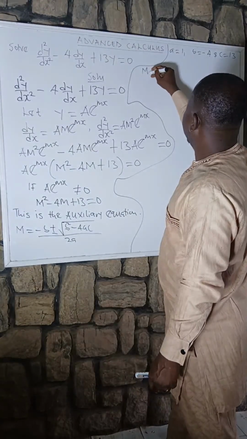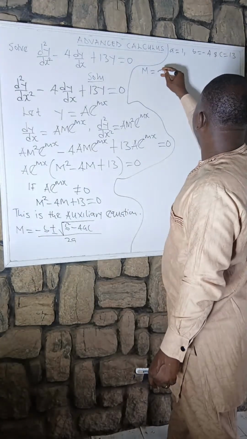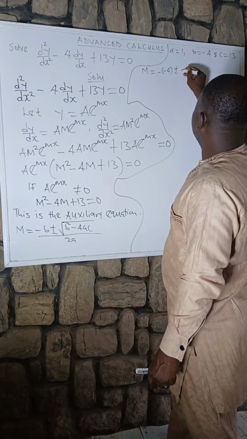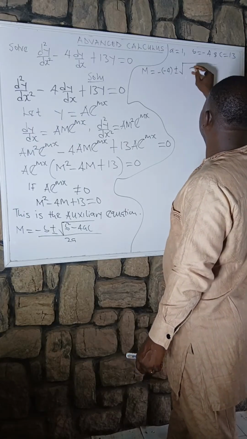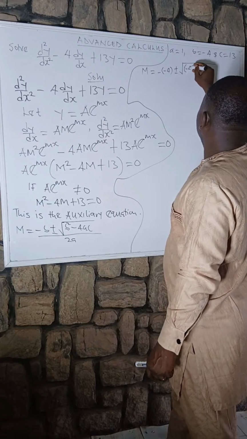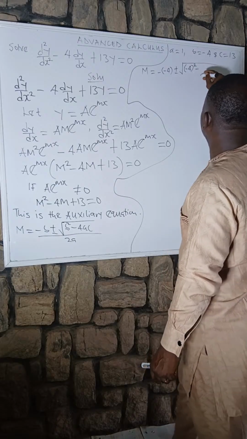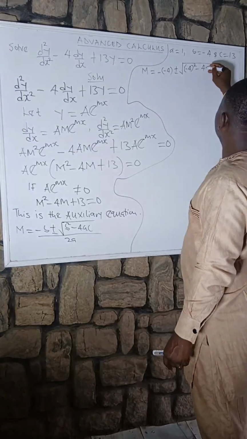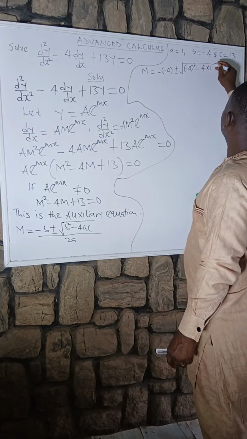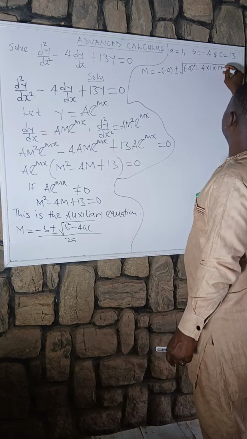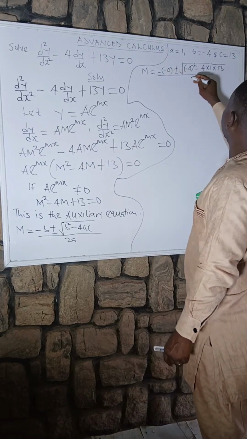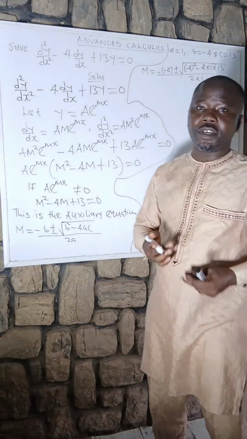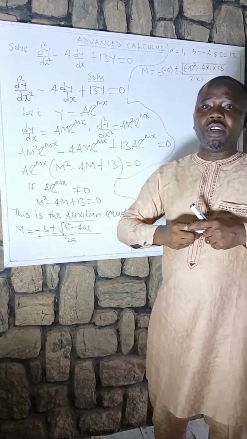So our m will now be equal to minus, open bracket, minus 4, plus or minus the square root of minus 4 all squared minus 4 times 1 times 13, all over 2 times 1, because your a is 1. True or false? Do you agree with me?